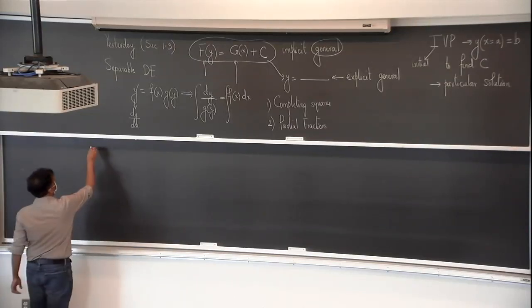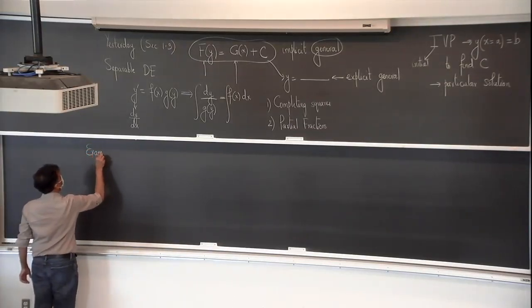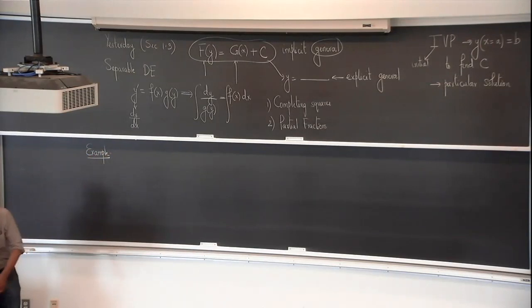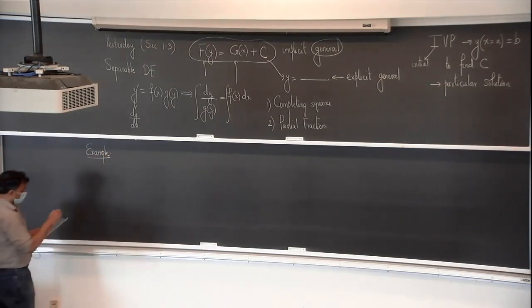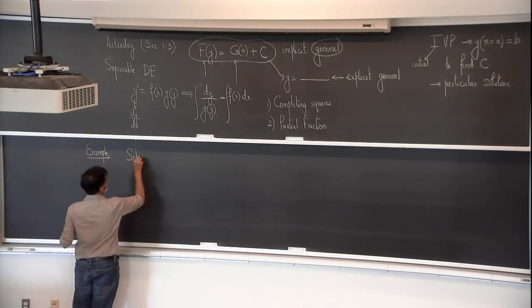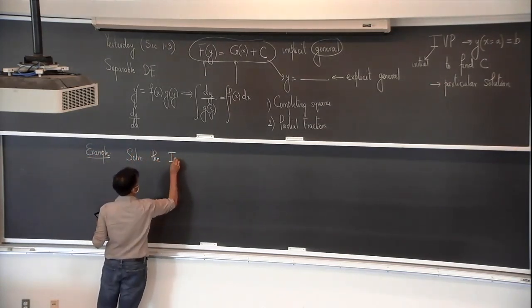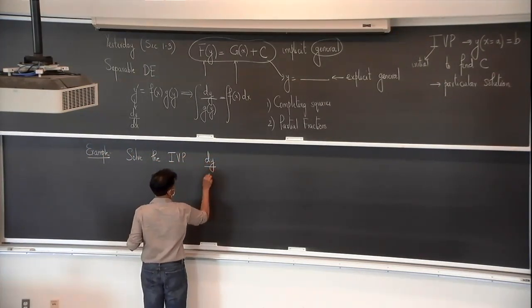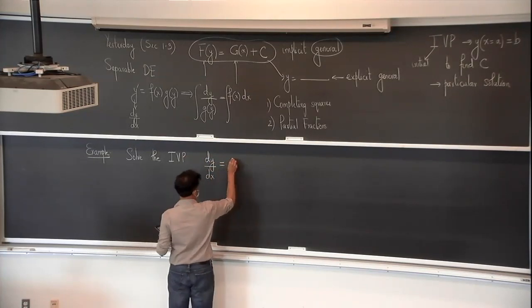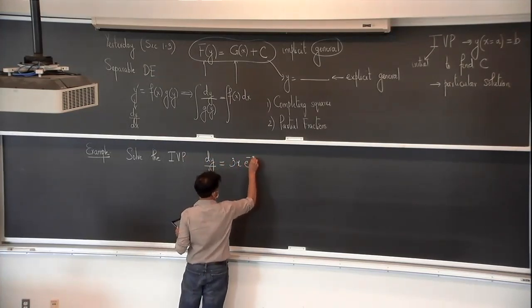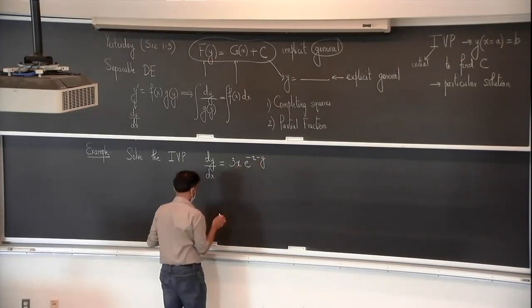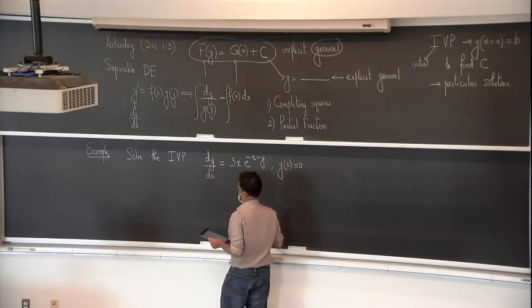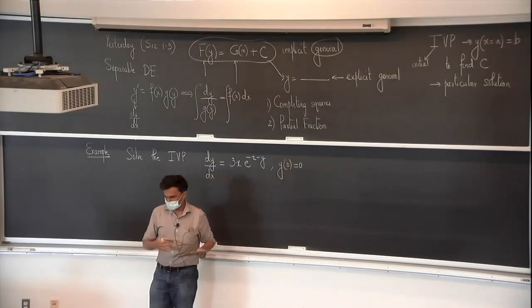All right, one more example. Solve the initial value problem dy dx equal to 3x times e to the power of negative x minus y, with y of 0 equal to 0. y of 0 doesn't always have to be equal to 0, just for this problem.